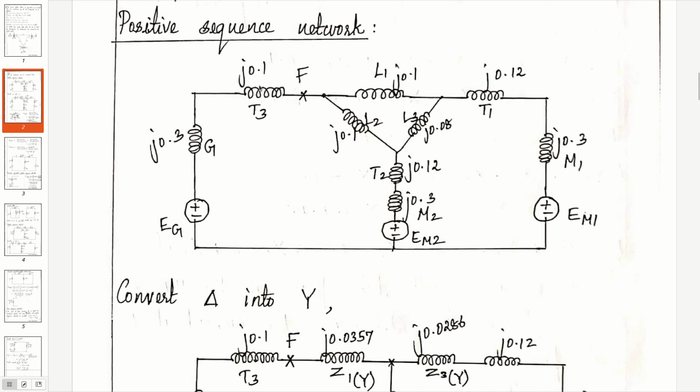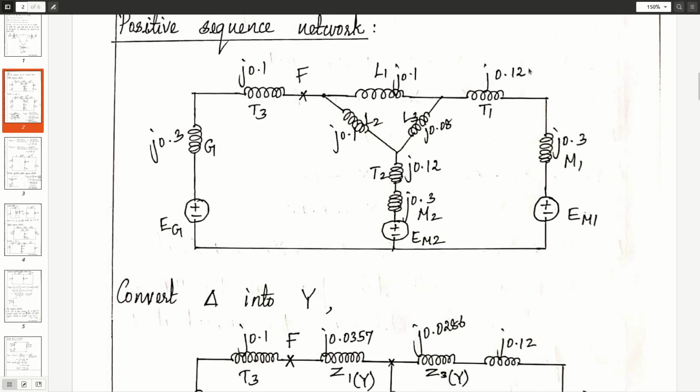Positive sequence network. This is the EMF of the generator, the positive sequence reactance X1 of the generator, the positive sequence reactance of transformer T3, X1 of line 1, X1 of line 2, X1 of line 3. You would have noticed in the given power system that the three transmission lines are in a delta configuration.